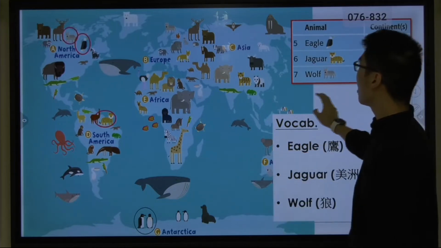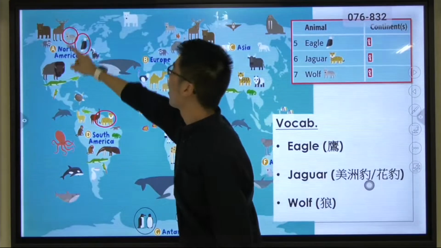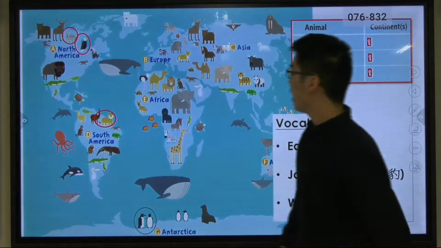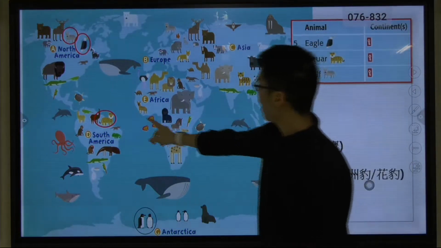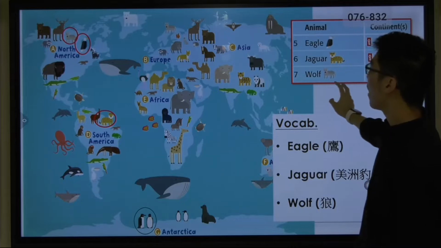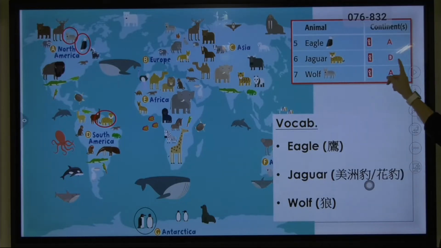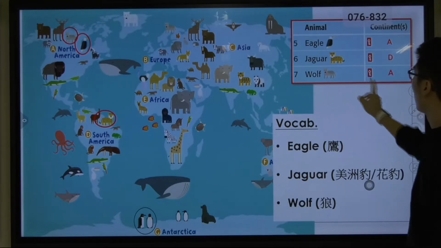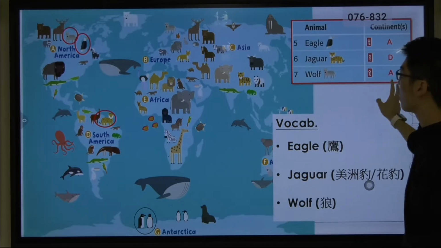So you can see eagle and wolf are right here in North America and then the jaguar lives in South America. Okay, so just write the letters down for the continent: North America for eagle, South America for the jaguar, and the wolf is in North America.